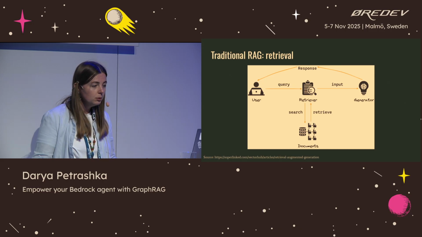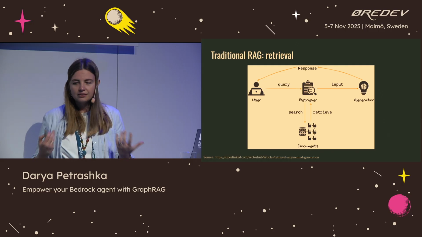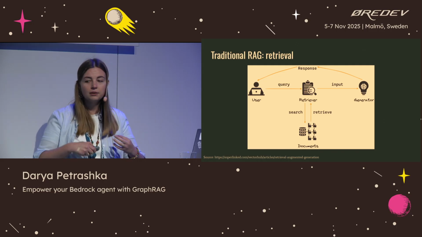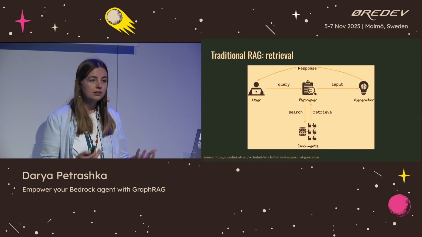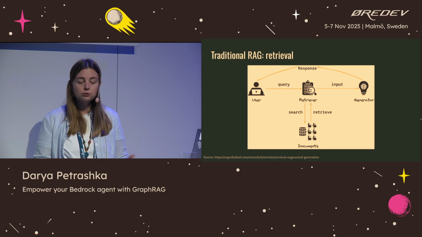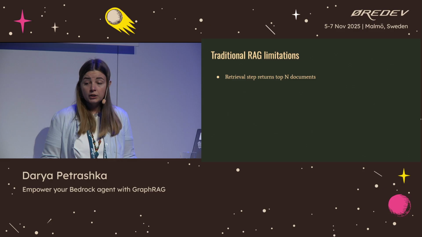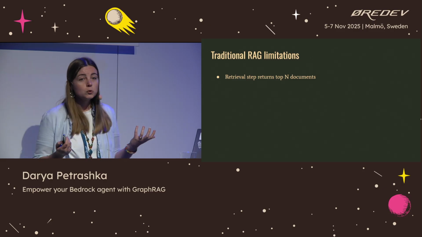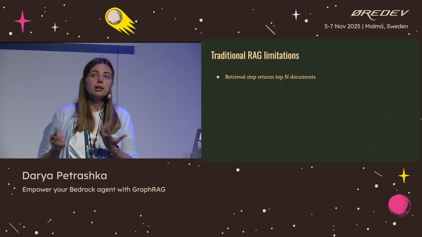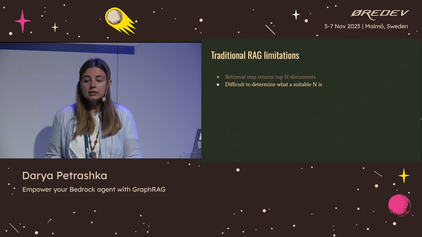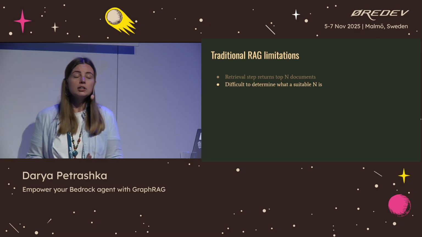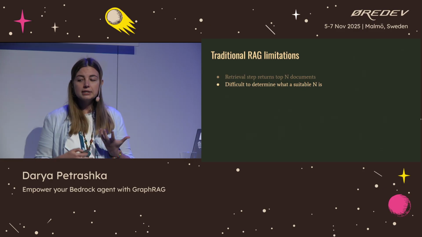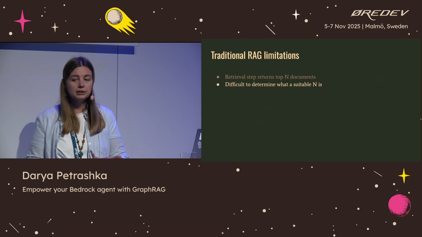We retrieve some number of pieces of our documents, and we then hand them over to our large language model to generate a response. Let's suppose we have retrieved the top 5 documents. But it is challenging to decide what a suitable number of documents is.